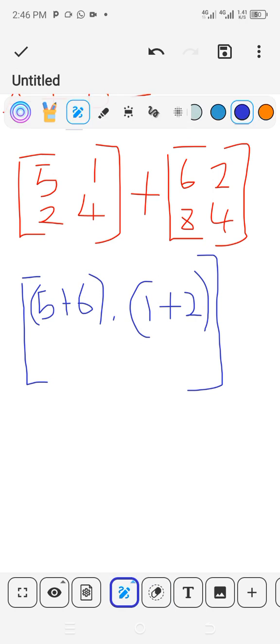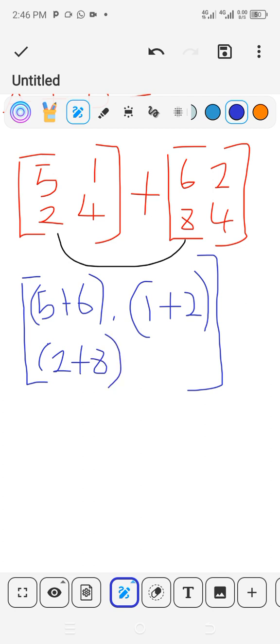So we now take the next number. That is, we come to the next row. The first element in the second row of matrix A is 2. Then we'll add it to the first element in the second row of matrix B. So we are simply doing 2 plus 8. Yes, 2 plus 8.